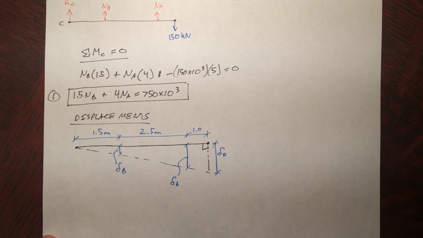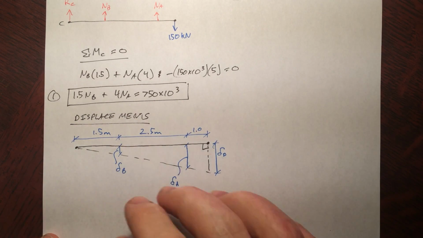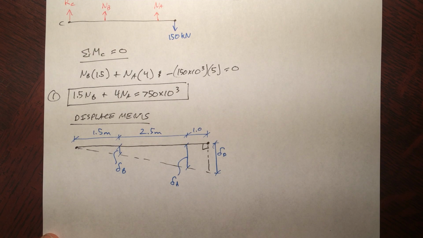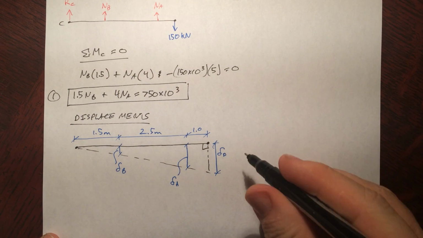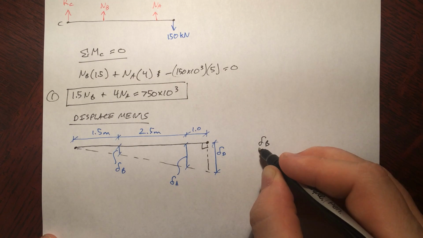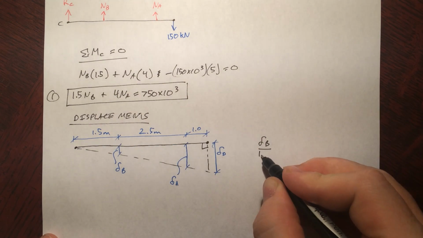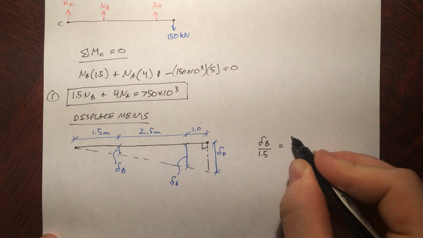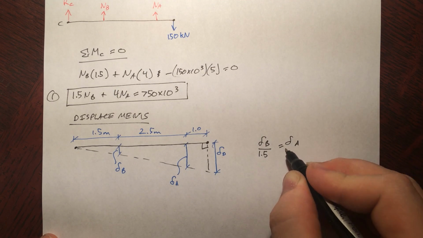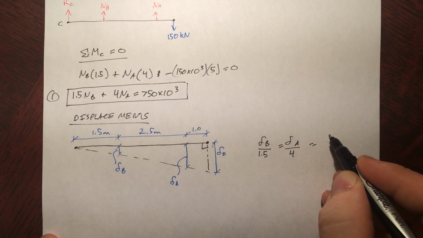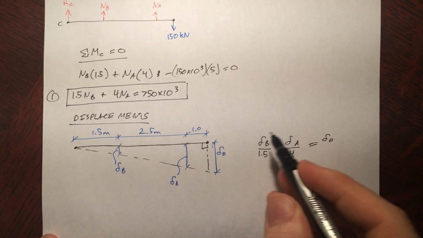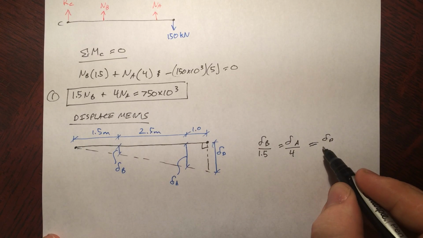The idea of similar triangles is, if you have triangles that are similar, then the ratios of any of the side lengths are going to be the same between each triangle. So we're going to take a ratio of the legs of the triangle here: delta B by 1.5 equal to delta A by this whole length, 4, equal to delta D by this entire length here, that's 5.